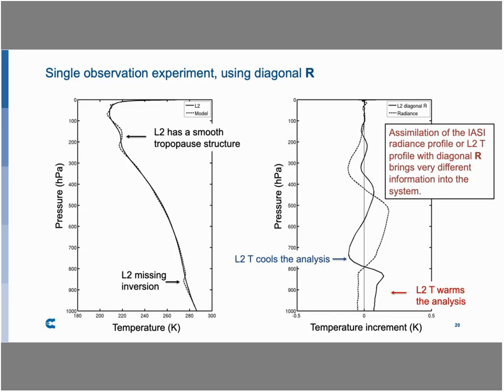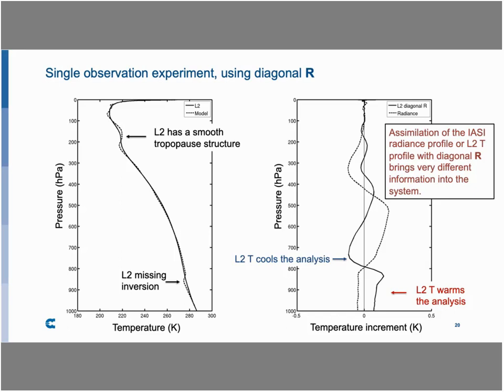So the model has this dual tropopause structure while the retrieval is much smoother in the lower levels of the tropopause. And the right-hand side plot is showing the temperature increments. So when you assimilate this level 2 retrieval profile into the system, it makes changes to the model temperature profile, and the increments are showing the changes. So the solid line is here indicating the changes that assimilating the retrieval profile made.